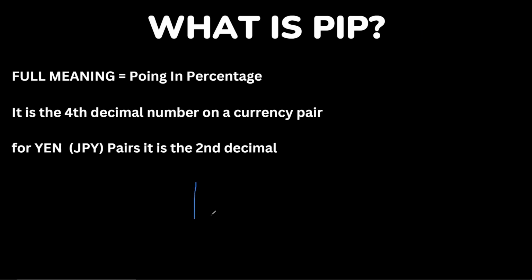So you can have something like 1.2, let's say 0012. The pip is basically the fourth decimal. So this is 1, 2, 3, and 4. This is your pip value here, right?